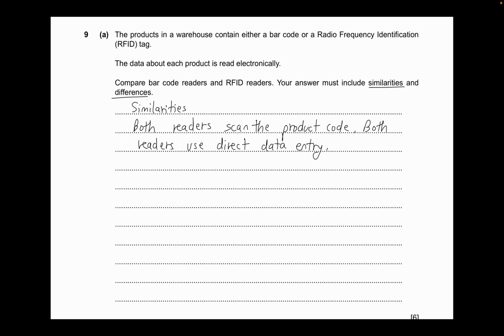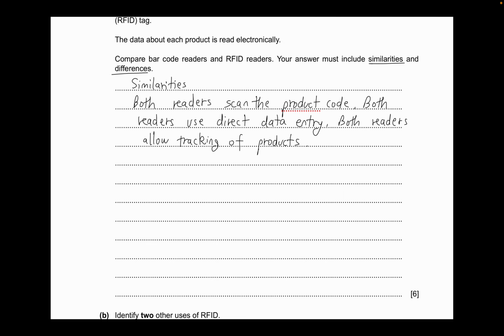Both readers allow tracking of products. You can also mention that both readers are contactless, because you can scan them. Now, some of the differences.